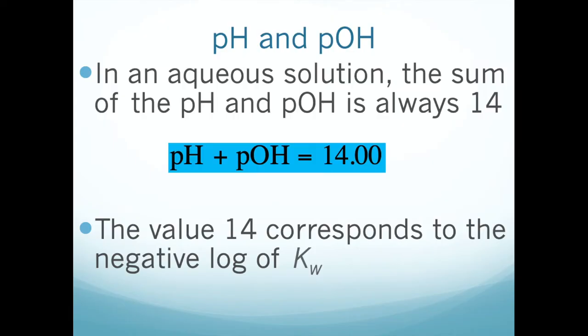That plus sign is just an artifact of how logs work. Okay, so it's a plus sign, not a multiplication sign. But this is the really convenient thing for relating our H plus and OH minus concentrations. If you have them present in pH or pOH, you can easily find one of those given the other. Just subtract it from 14.